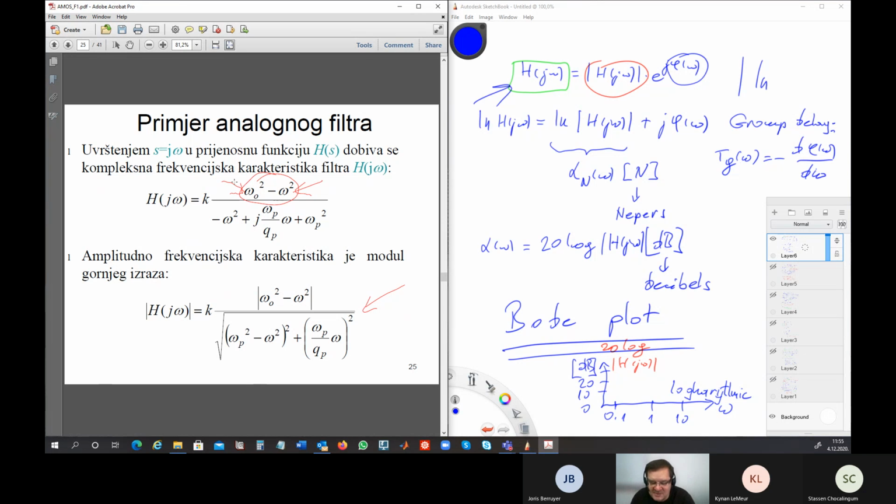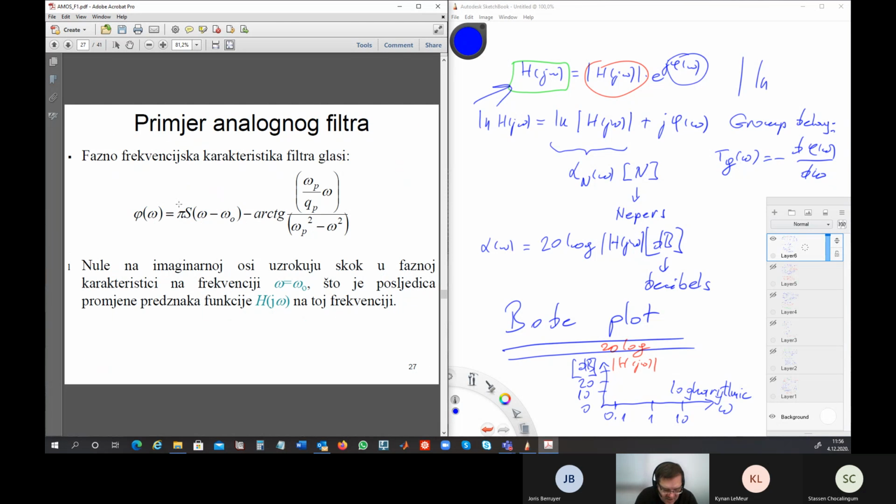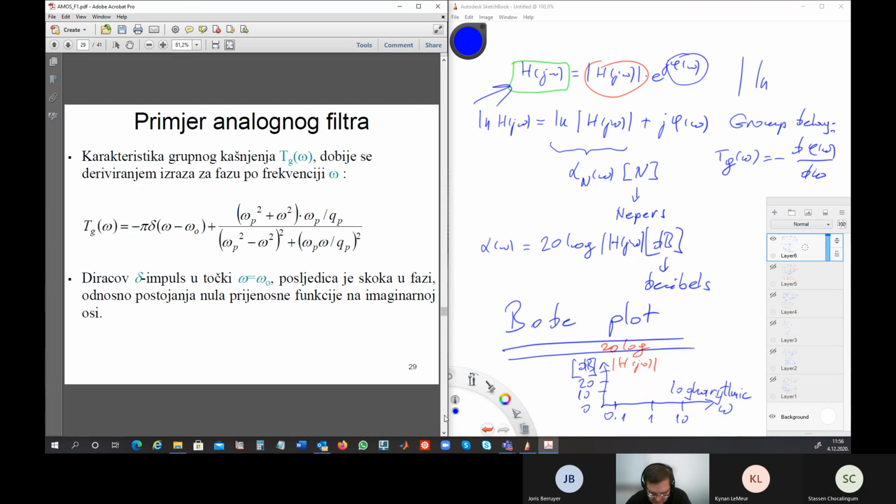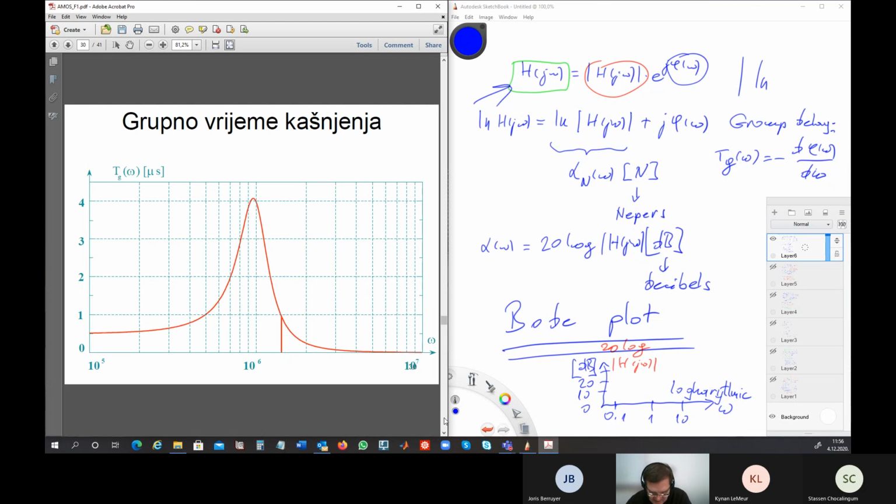And this change of sign is multiplication by -1. It provides the jump of 180 degrees. So minus is 180 degrees. Here you don't see it because it's an absolute value, but here you see this jump. Normally, without this jump, it would continue like this. But now, because you changed the sign, you jump up here. So that's very, very simple. And this is the group delay, which is not important for us now. It looks like this.